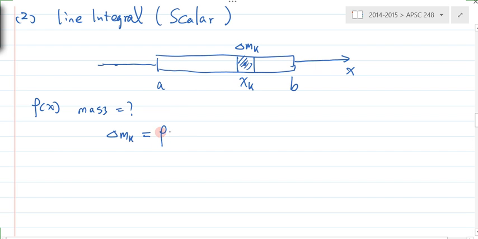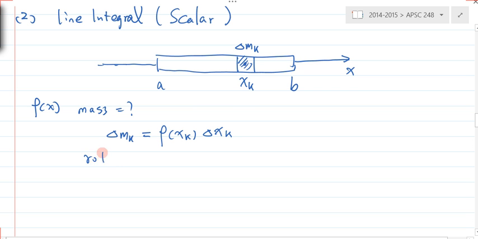So it equals rho at the x_k location, times, since this is a thin rod, the length of this segment. The length is delta x_k, the very small segment around the x_k location. That's the mass at this location.